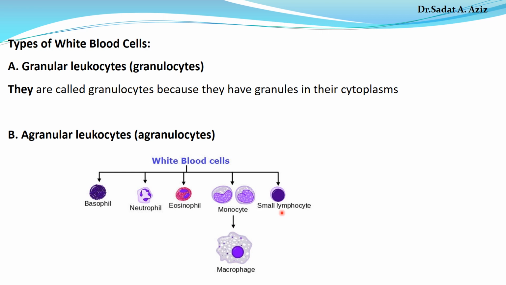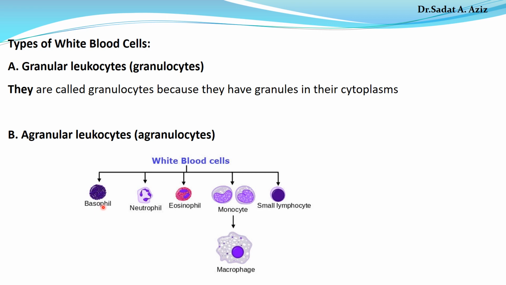But actually, these cells might have granules. Why they are called agranulocytes is because when these cells were first characterized and recognized and checked under the microscope, they found granules within the cytoplasm of eosinophil, neutrophil, and basophil, especially when properly stained.